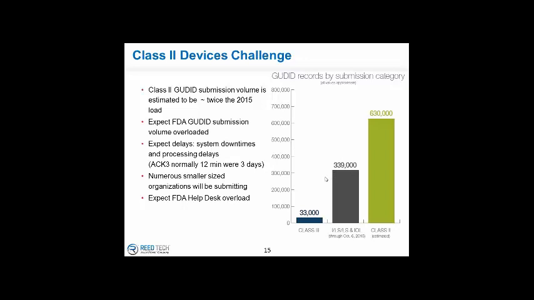And the FDA was extremely overloaded, had some problems in processing data. So there are some things about keeping up with the submission load as well as the help desk activity that you might want to consider as you plan for next year.